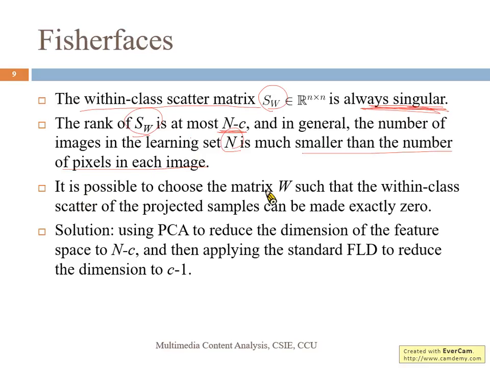And it's possible to choose the matrix W such that the within-class scatter of the projected samples is exactly 0. So the solution is we use PCA to reduce the dimension of the feature space to n-c, and then apply the standard FLD to reduce the dimension to C-1. So that's a compromise to make this mathematical model work.